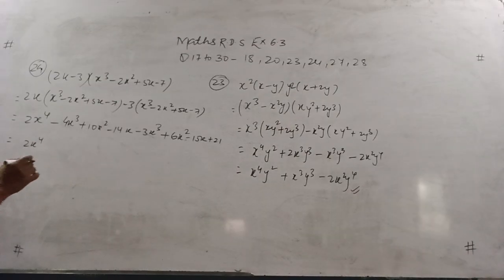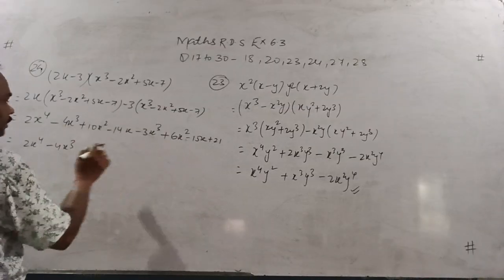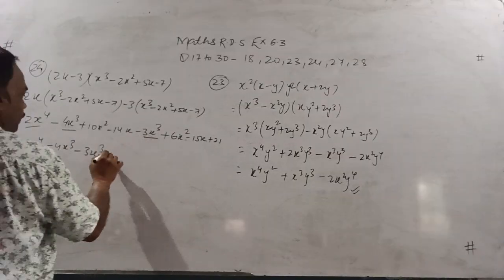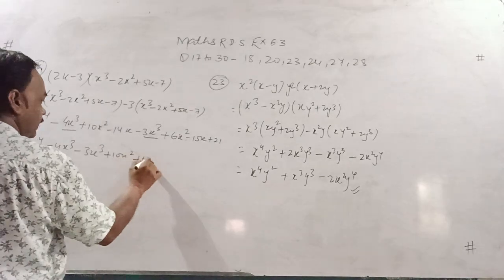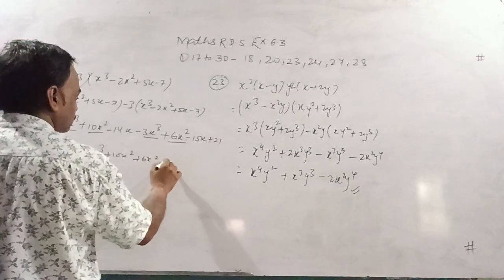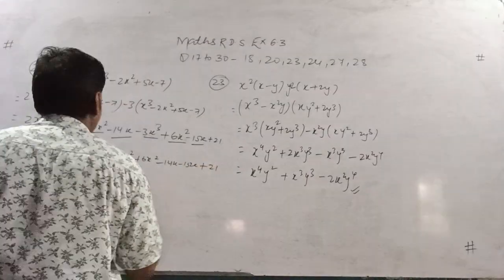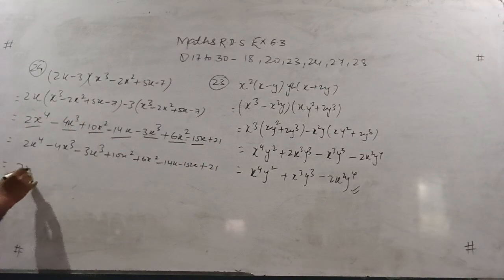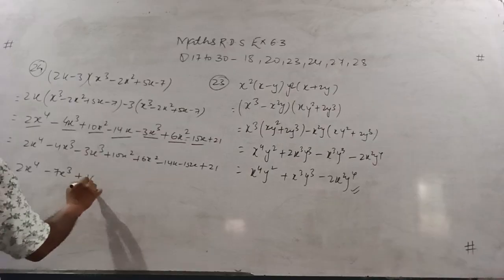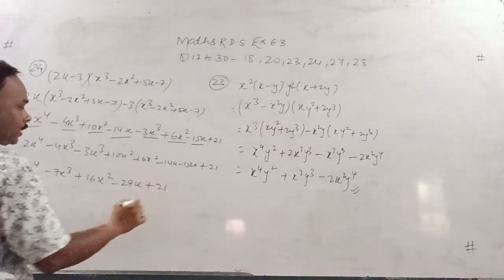2x to the power 4 minus 4x cube minus 3x cube plus 10x square plus 6x square minus 14x minus 15x plus 21 is equal to 2x to the power 4 minus 7x cube plus 16x square minus 29x plus 21.